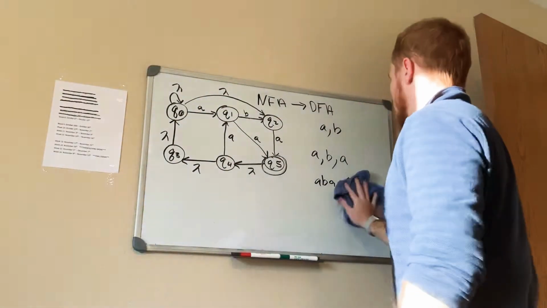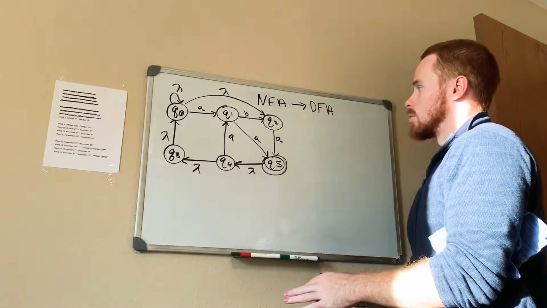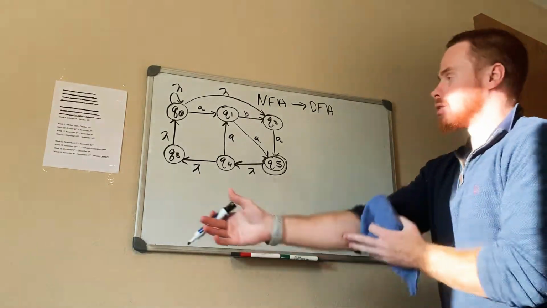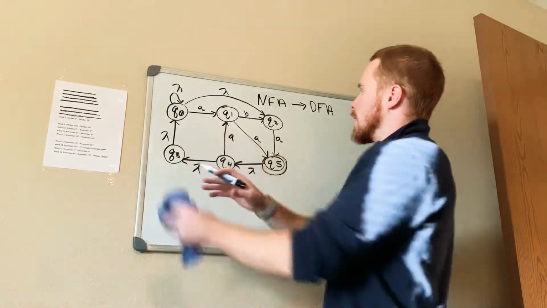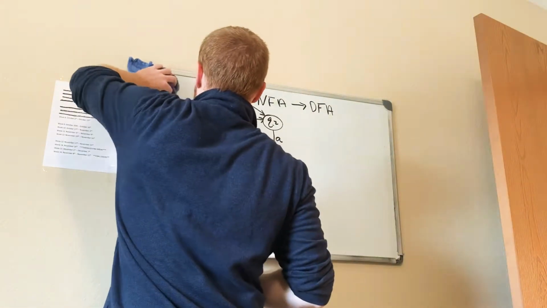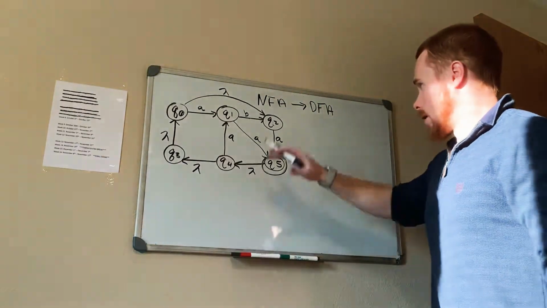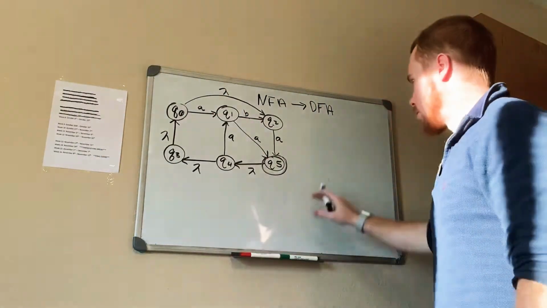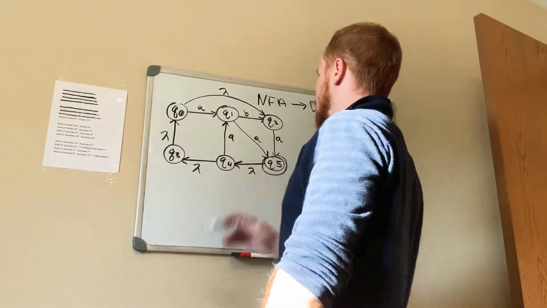Okay, let's go over some other inputs that would be accepted by this machine just to get you to understand. Lambda is basically the empty string, or nothing. It's almost like a free ticket.